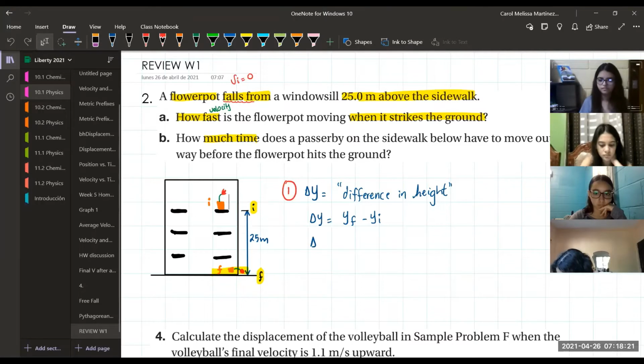So delta y is going to be equal to the final height that is right here, that is on the ground.